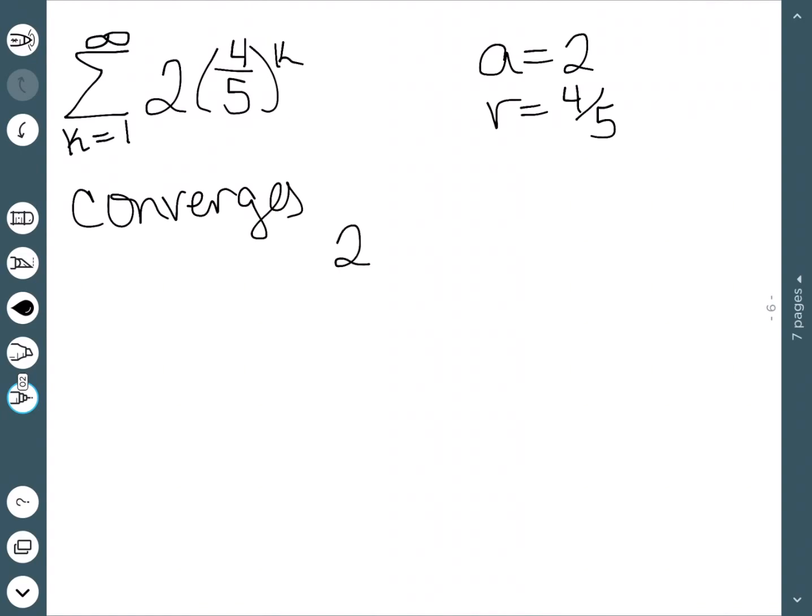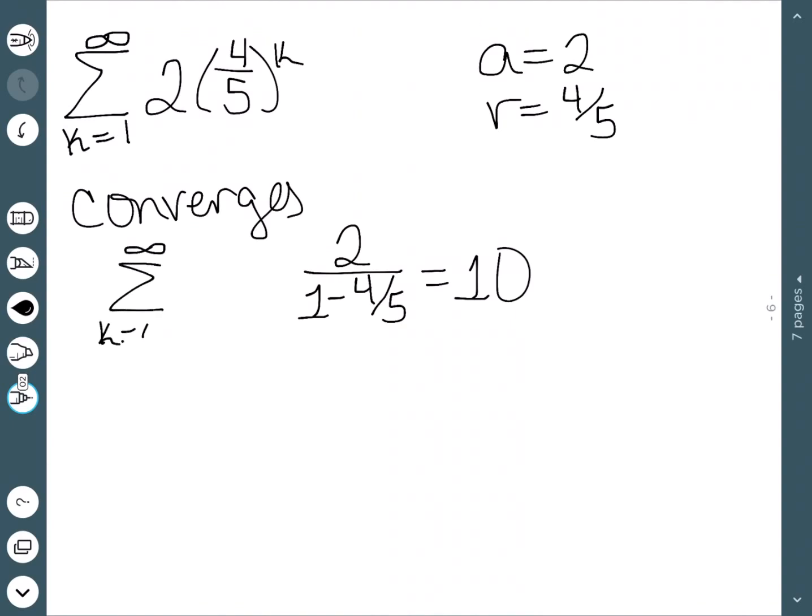We have a over 1 minus r, which is 10, but I claim that 10 is not actually my answer. My summation formula originally said that we had to start at k equal to 0. And this series did not start at 0, it started at 1. So I've added in an extra term here.